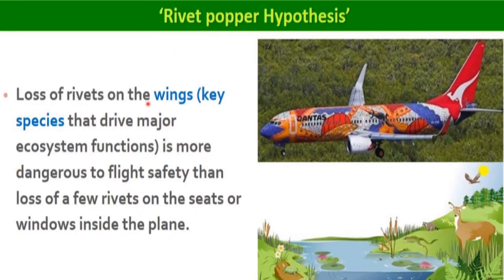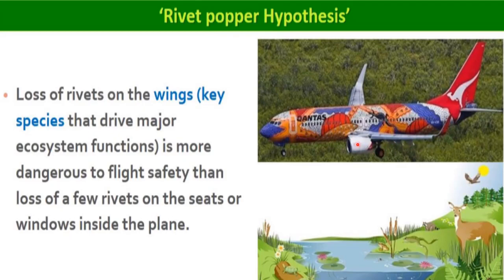Loss of rivets on the wings, which are called key species. We are talking about the rivets of the aeroplane, but some rivets are more important than other rivets. The rivets on the wings are more important than other rivets, because if those are removed, there will be more effect on the safety of the aeroplane, right?